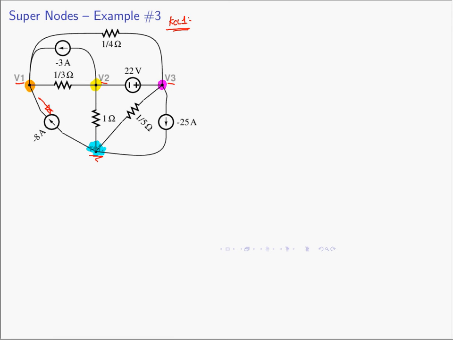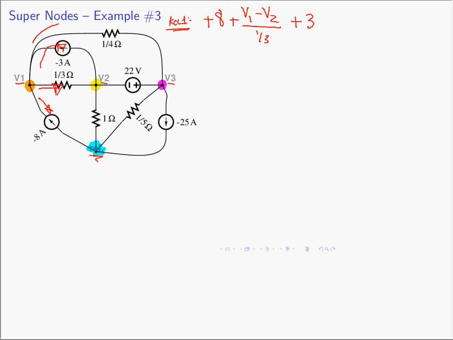What is the current going off in this direction? Well, the direction of the arrow is opposite, so it's a minus 8. The current heading off in this direction is going to be V1 minus V2, going through a 1/3 ohm resistor. And the current going around this way opposes the arrow, so it's going to be a minus 3.